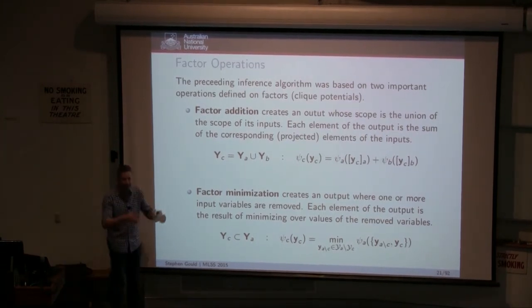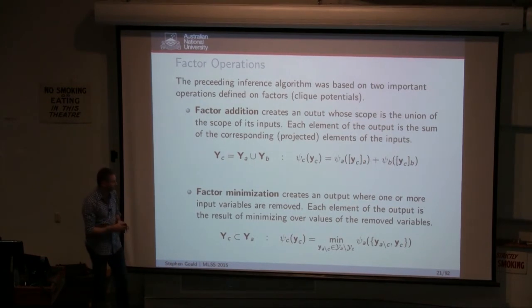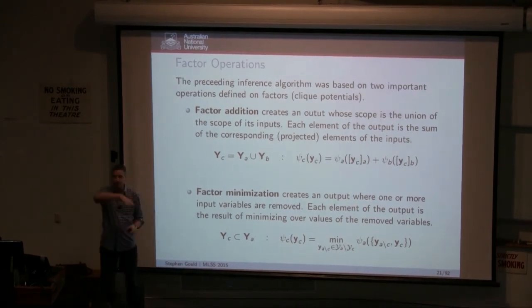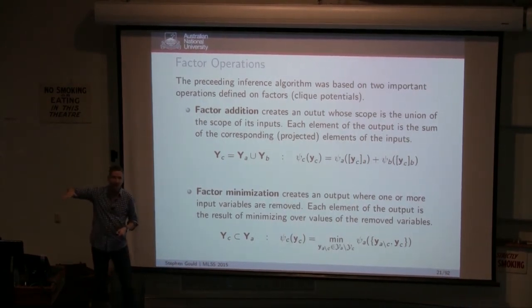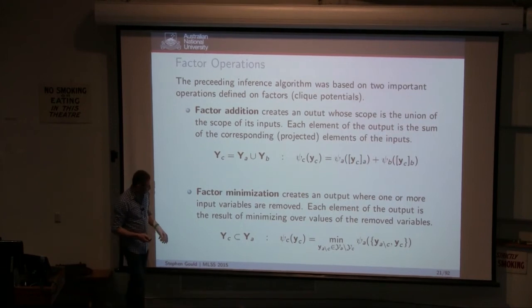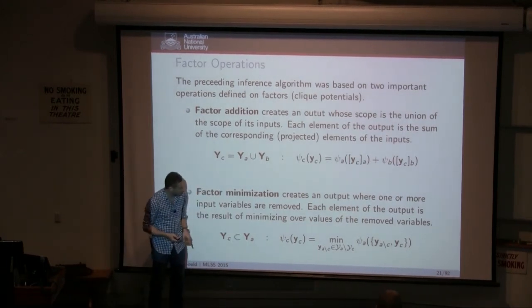The other operation we had to do is factor minimization. Here we want to take an input factor or multiple input factors, and remove variables from those input factors by minimizing over those variables. So the output now is going to have a smaller scope, a subset of the scope of the input.